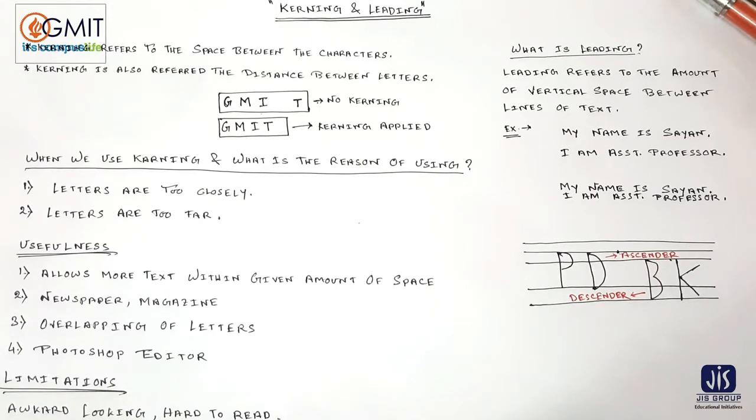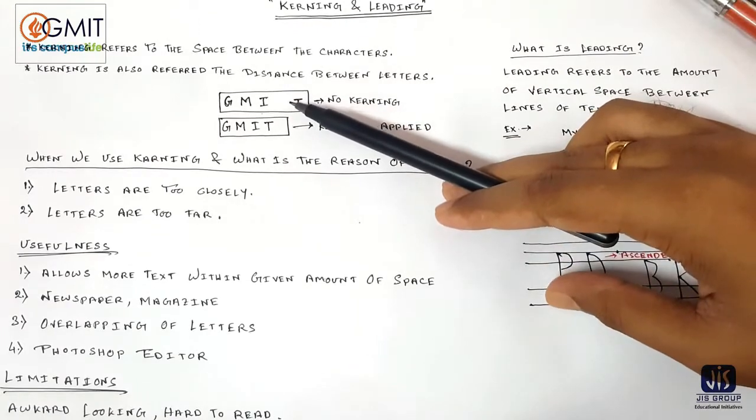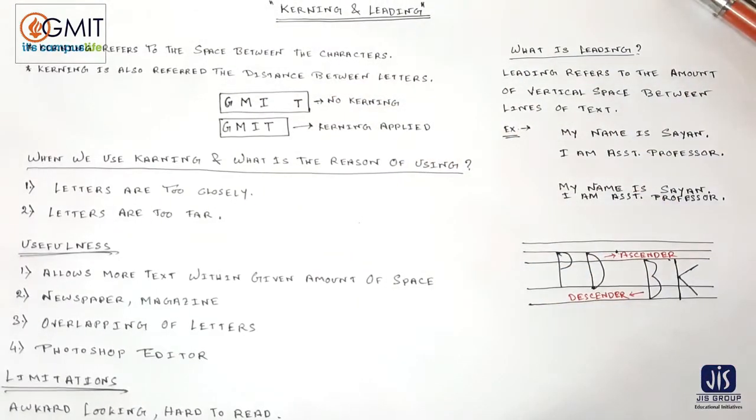And obviously, the second point, letters are too far apart. Conversely, if they are set too far apart, like in this example, then also it is difficult to read the word correctly. So then we need to use kerning.